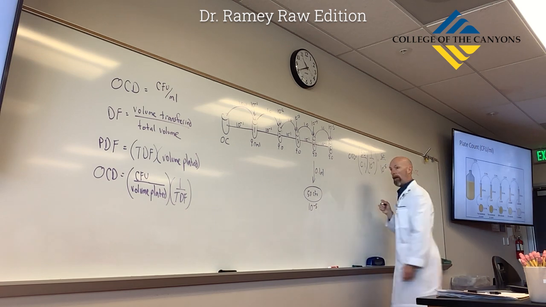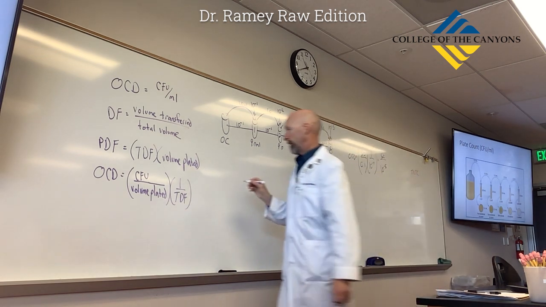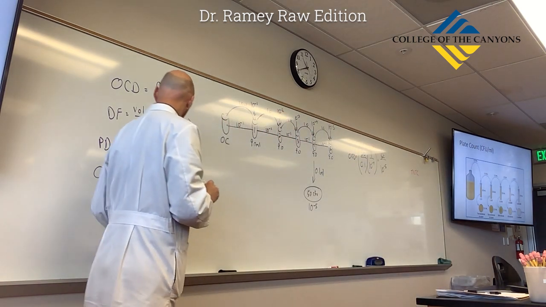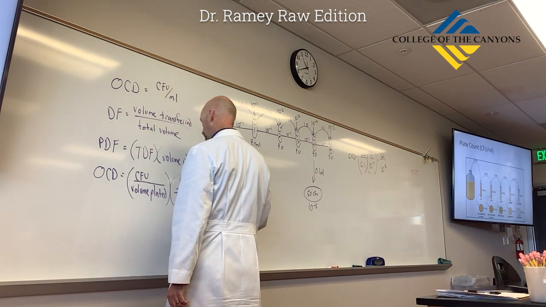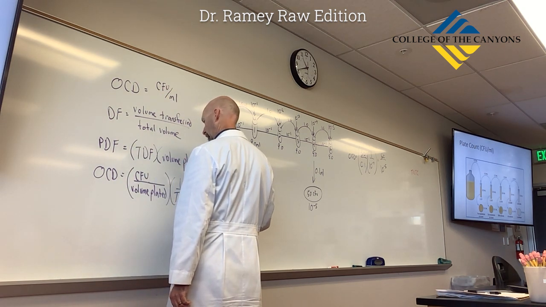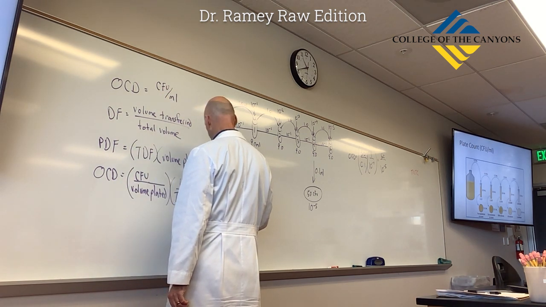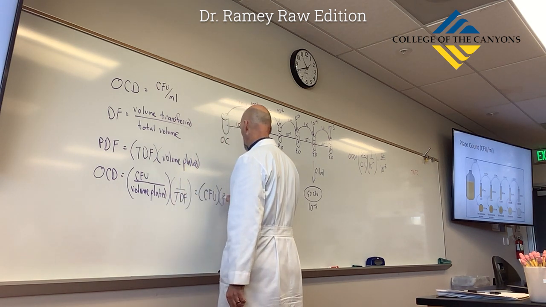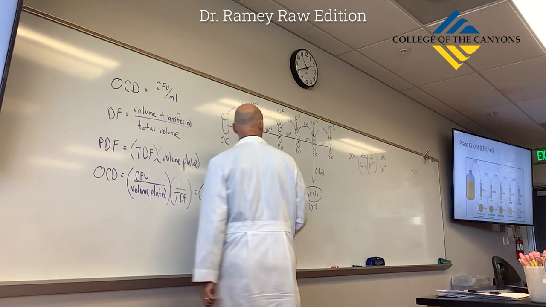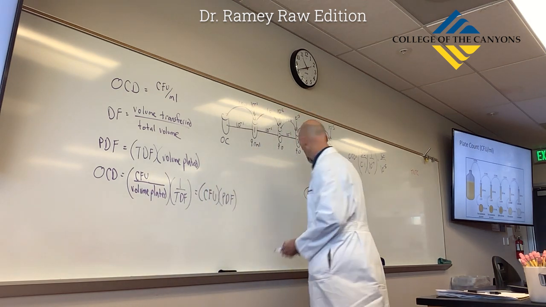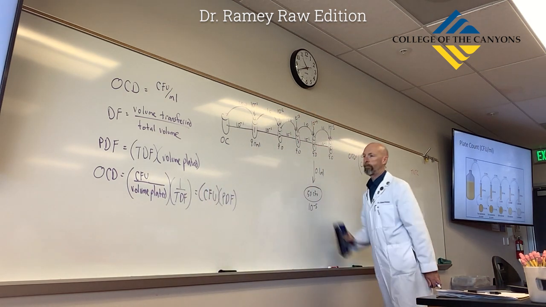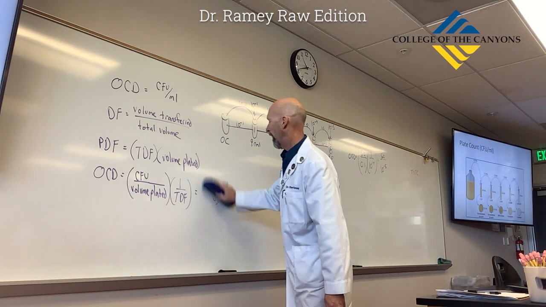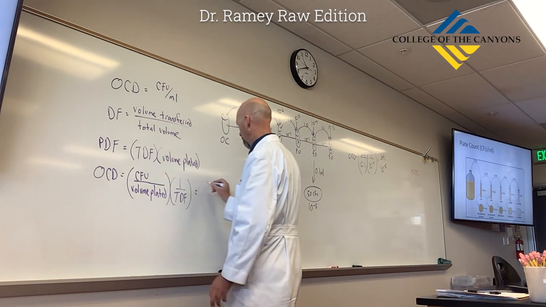Okay? By the way, you just simplified this formula. CFU times the plate dilution factor. Not times. What did I do wrong there? Divide. CFU divided by the plate dilution factor.